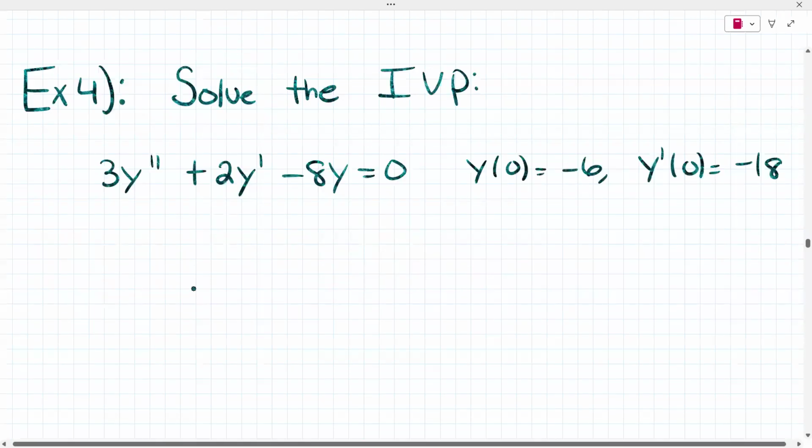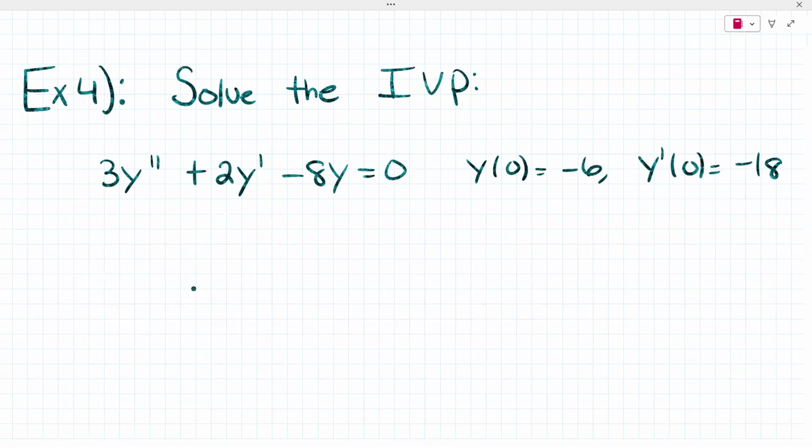Example 4 says solve the initial value problem of 3y double prime plus 2y prime minus 8y equals 0 with two initial conditions of y of 0 equals negative 6 and y prime of 0 equals negative 18. So first step is put it in the characteristic equation.